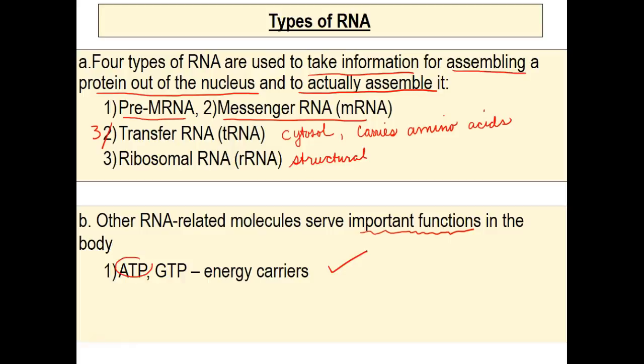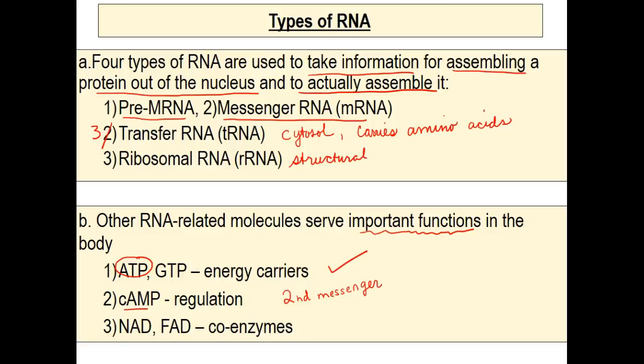ATP is the universal energy carrier made in the mitochondria. And then there's something called cyclic AMP, which is a second messenger and forms inside the cell in response to activities outside the cell. And when cyclic AMP forms, it triggers a lot of intracellular functions.